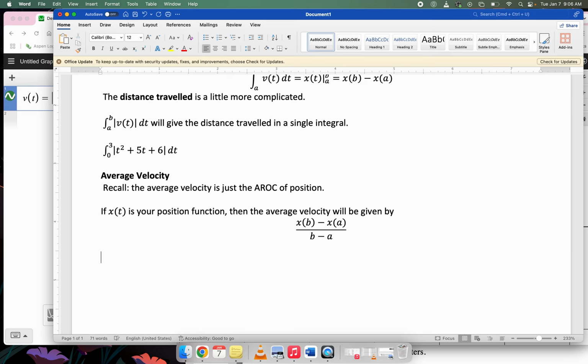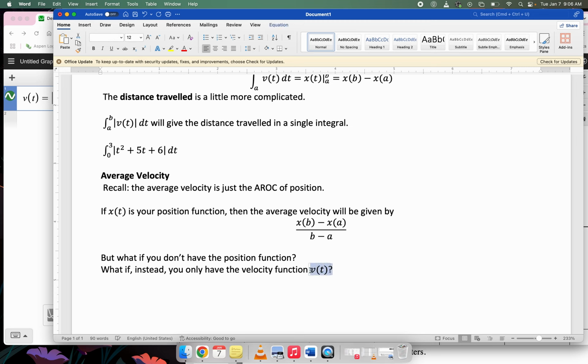But what if you don't have the position function? What if, instead, you only have the velocity function, v of t? Well, you might say, that's not a big deal, because if I know the velocity function, I could find the position function by taking the antiderivative, and then I could use this formula.